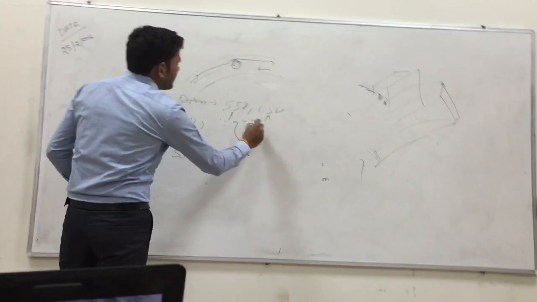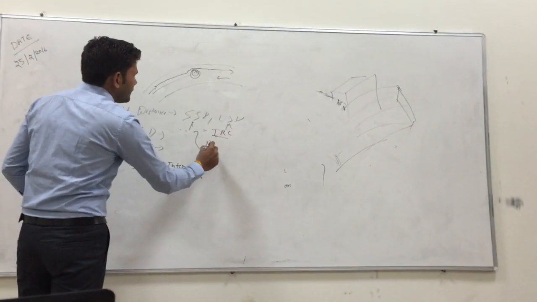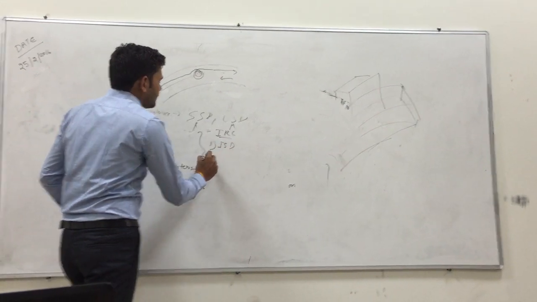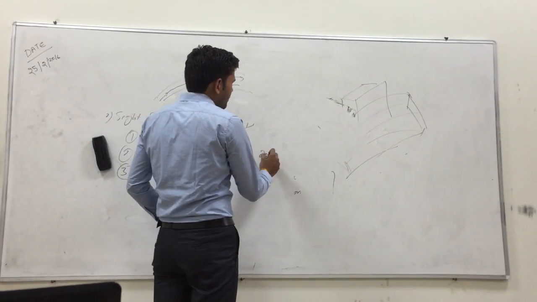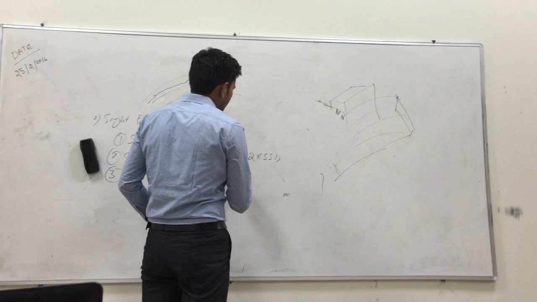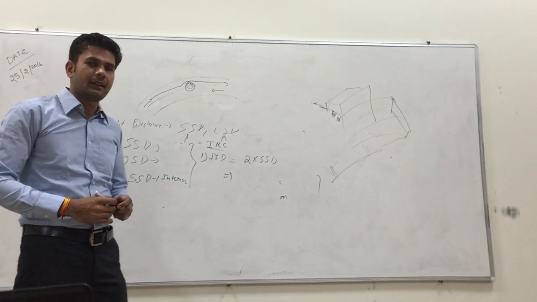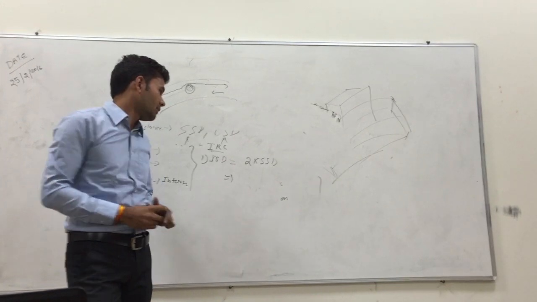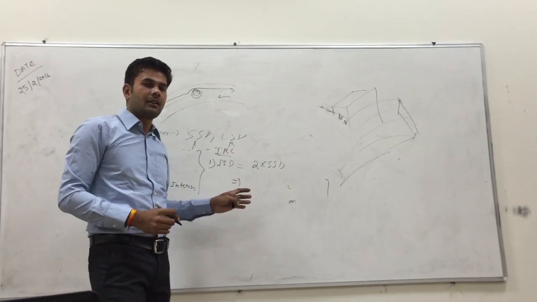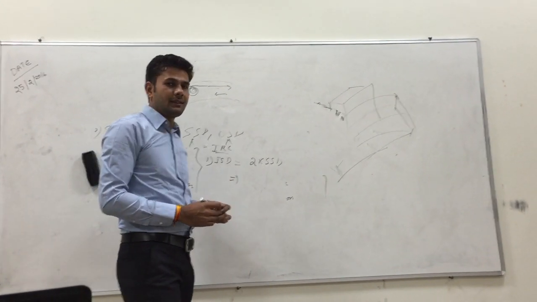IRC also considers some more sight distances, that is ISD, which is twice of SSD. It is provided if we cannot provide the overtaking sight distance at any zone, then we can provide for short term overtaking of the vehicle at some distance.